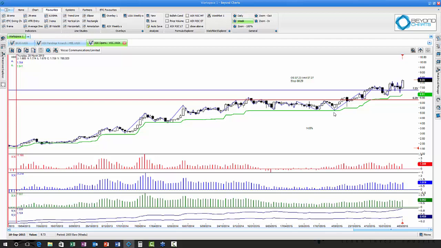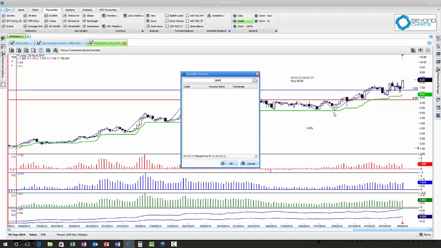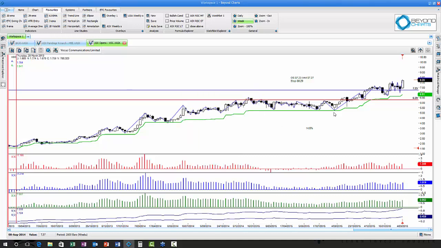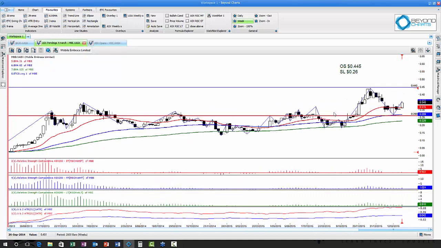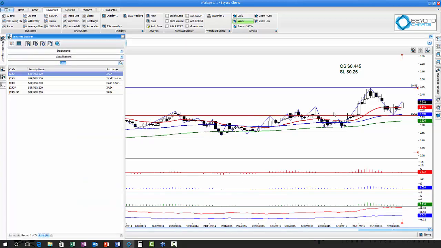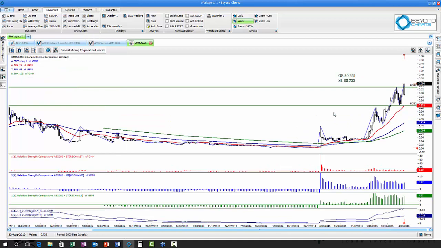The other aspect that I just wanted to go through, there is one new trade that was triggered from last week, and that's GMM. And I think it might have been in my pendings list, was it? I don't think I've put it into my open trades just yet, so I'll bring that one up. GMM, General Mining Corporation. So there we go.